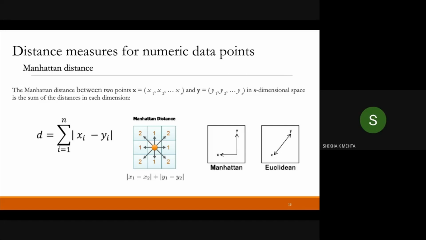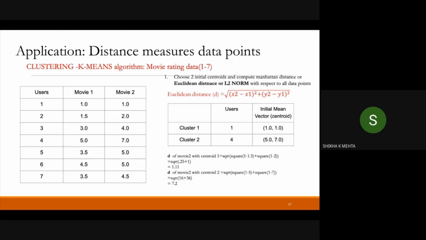Now we'll see the applications of these L1 and L2 norms in the real world when we use machine learning algorithms. Let's say we go for learning the clustering algorithm, k-means clustering, and you have downloaded the movie rating data. Here we have data of movies where the rating is given between 1 to 7, and on one side we have the users 1 to 7.